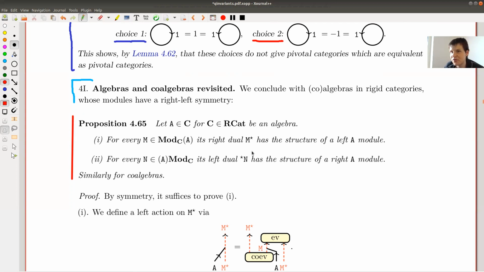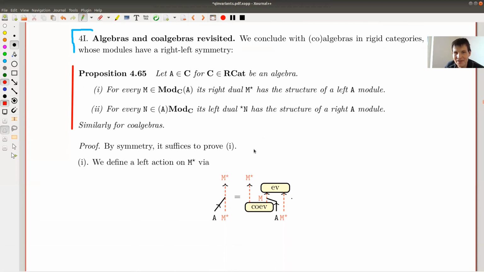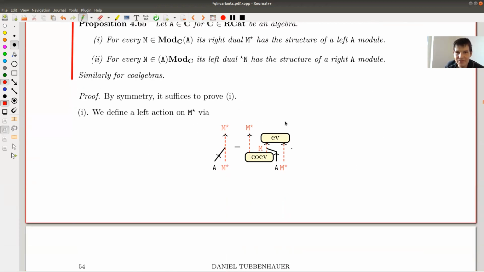Very complicated to remember. You'll see it in pictures in a second. The left dual has a structure, and if you have a left module, then the left dual has a structure of a right module. The only thing you need to do is use your evaluations and co-evaluations to turn, say, a left action into a right action. So this is a right action. Remember, a left action was from the left, and a right action was from the right.